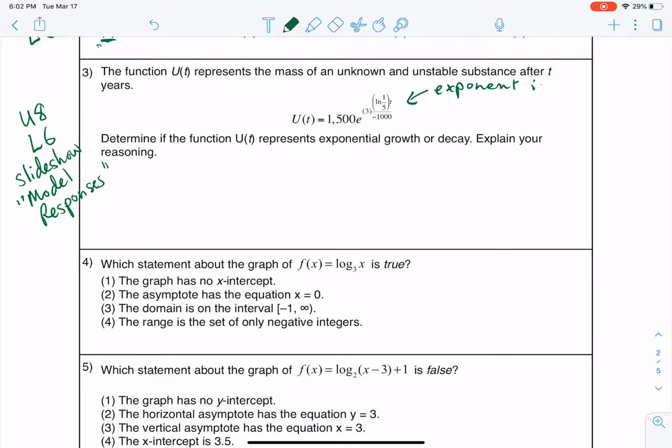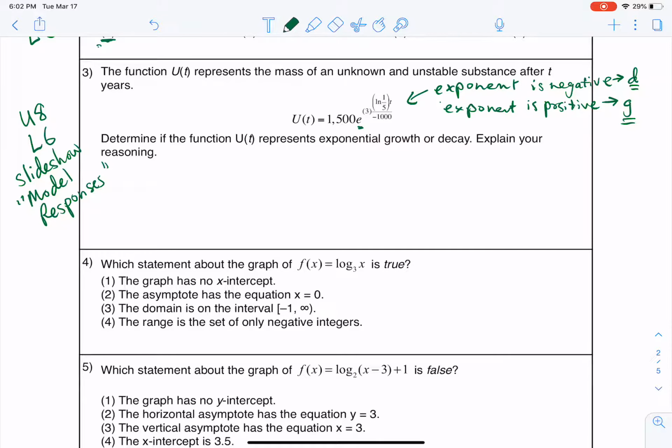If the exponent is negative, we end up with decay. This is just when we have a base of e. If the exponent is positive, then we're dealing there with growth.